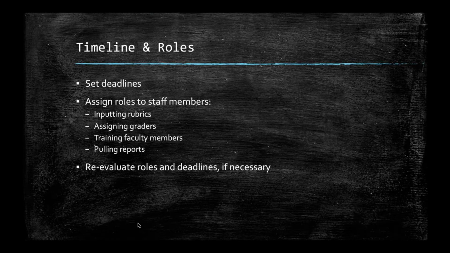So we assigned roles to the staff, or some of them just volunteered for each task, and then they split up their tasks. So everyone had an opportunity to input one rubric, so they can experience doing that. And then they were also taught how to assign students to graders. And then the staff members were also present at the faculty training session so that they could provide support to the faculty who were new to using Examsoft rubrics.